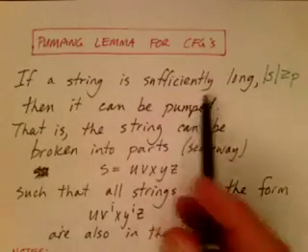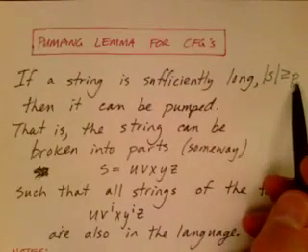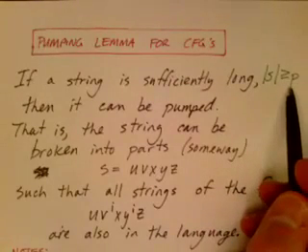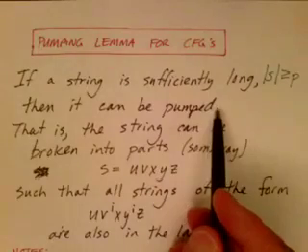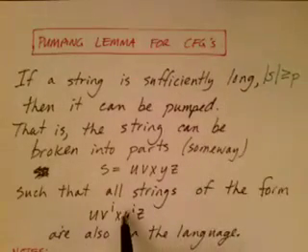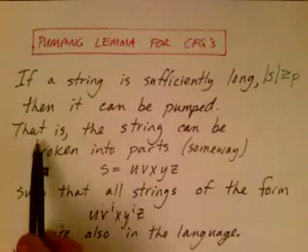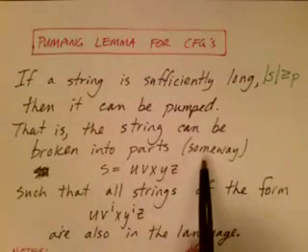long enough, and by long enough we mean that it's at least P symbols in length, then that string can be pumped. That is, the V and the Y parts can be repeated. So the string can be broken into parts somehow.